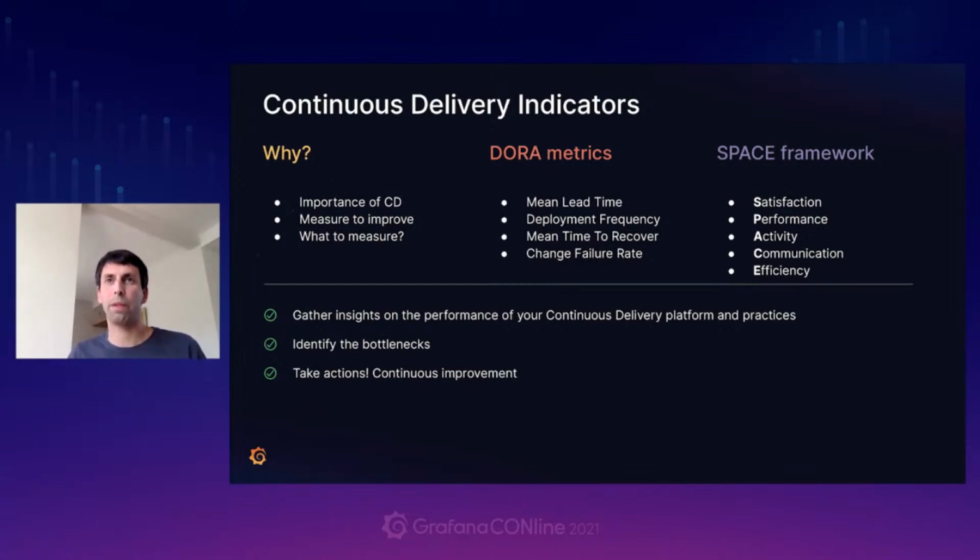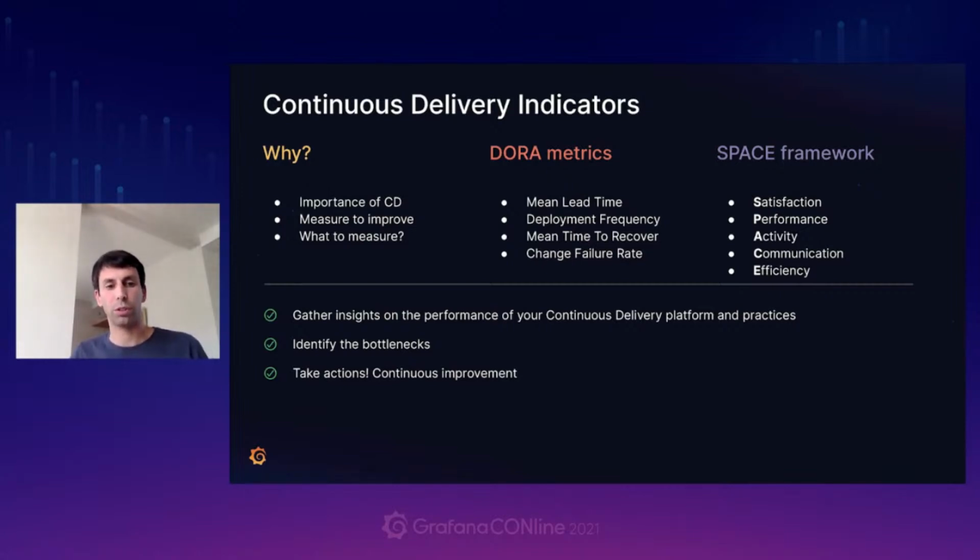The idea here is to merge system metrics with survey data collected from the developers, for example, and to group these metrics into different categories. So 5 categories: satisfaction, performance, activity, communication, and efficiency, and being able to get a bigger picture of how your organization workflows are performing in the global sense of performance, including satisfaction, efficiency, communication, and so on.